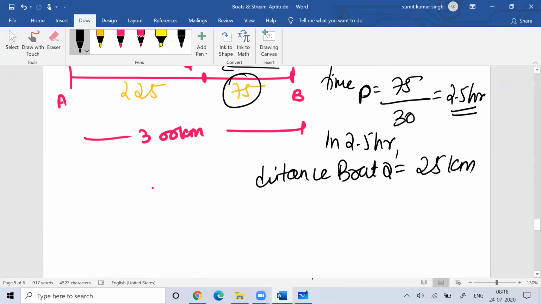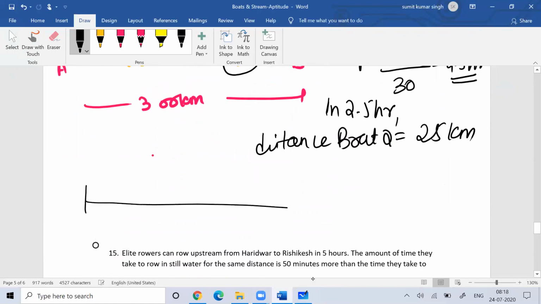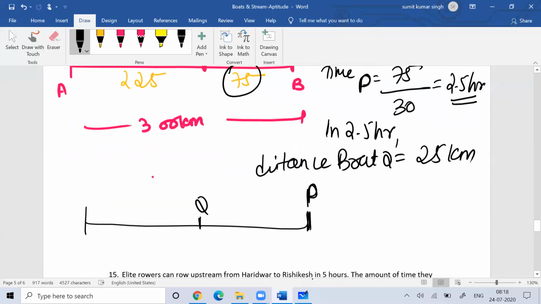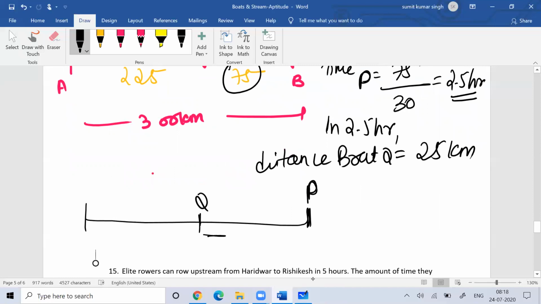Now see the situation. Boat P is standing here and boat Q is here. Boat Q has covered another 25 kilometers, so now the distance between boat P and boat Q is 100 kilometers.